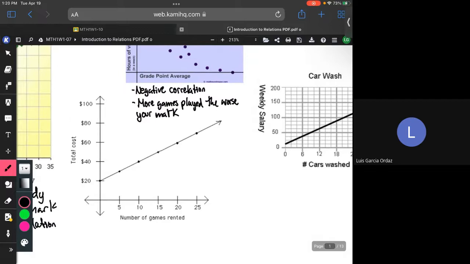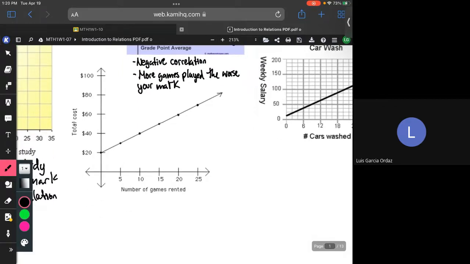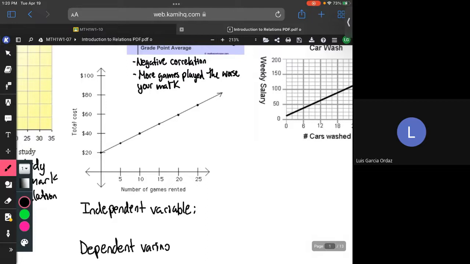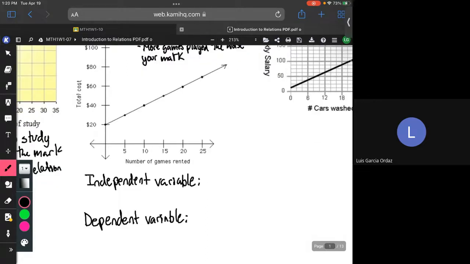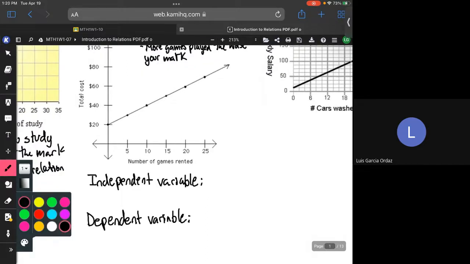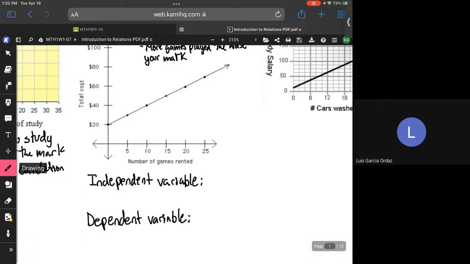So before we move on, I wonder if you guys have heard this before. Independent variable. You probably heard it in science. And dependent variable. Have you guys heard of this in science? Okay. So can someone come up with a definition for an independent variable? Anyone?